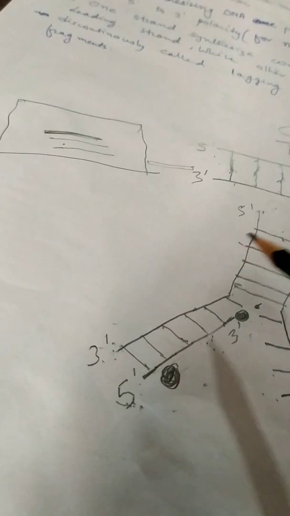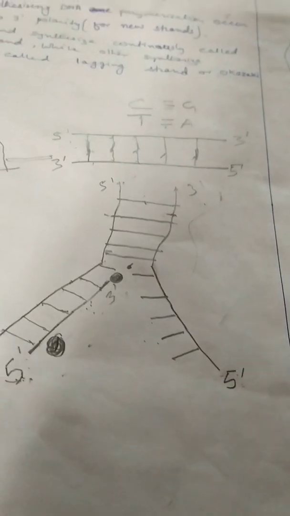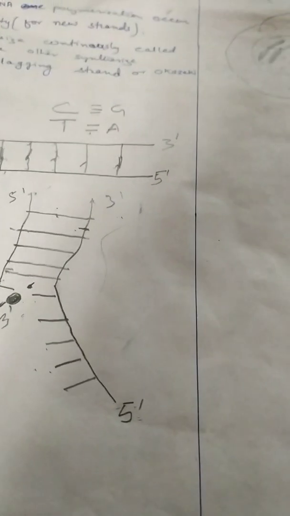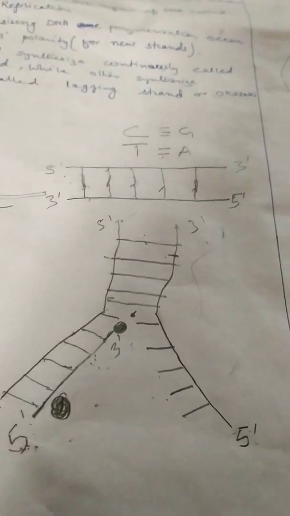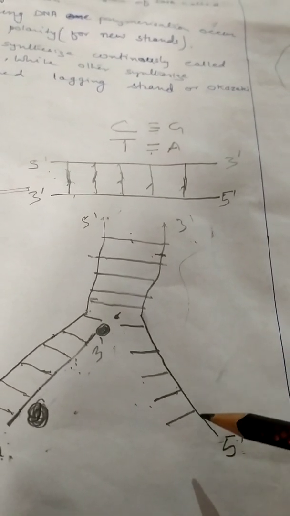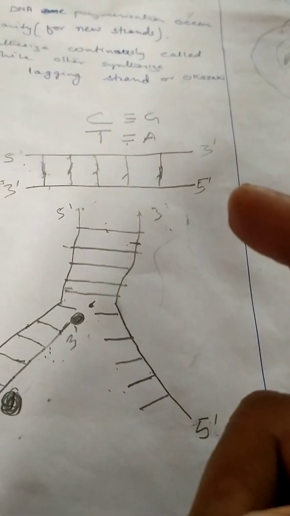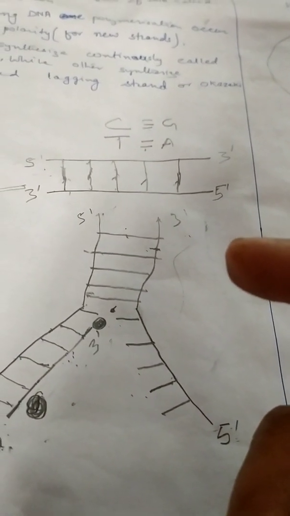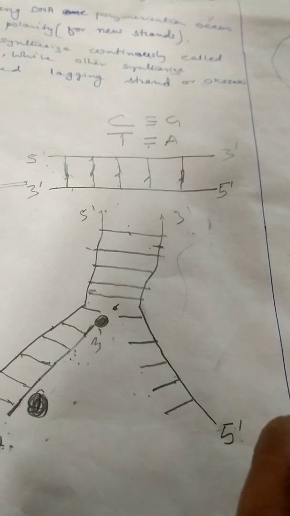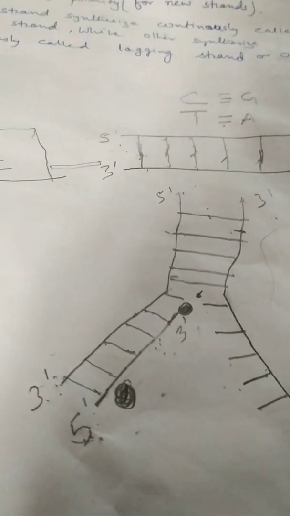Here is 3' to 5', here will be 5' to 3'. Now there is a mandatory rule that DNA replication occurs from 5' to 3', not from 3' to 5'. I am talking about the new strand, not the old strand.